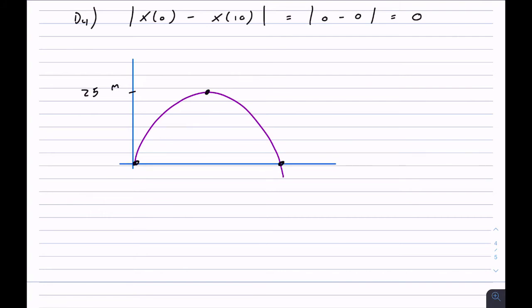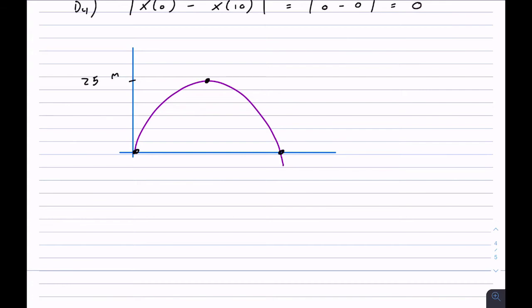So really, x equals 0 is only the total displacement, because we start at 0, and then we end up at 0 from 0 to 10 seconds. So over the course of 10 seconds, we essentially traveled nowhere. But there is a total distance traveled. So total displacement is 0, but total distance traveled is not 0. But we can figure out what it is by looking at the halfway point.